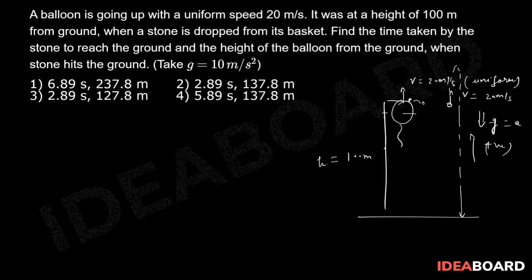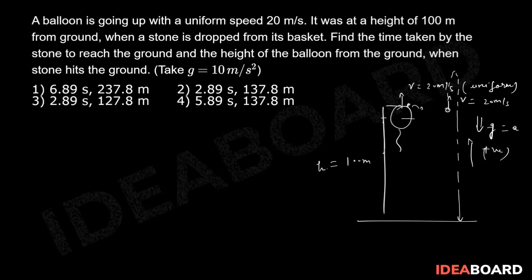So we can apply s is equal to ut plus half at square. Now the velocity u, taking the upward direction as positive, is 20 meter per second, and a will be minus g, which is minus 10 meter per second square.